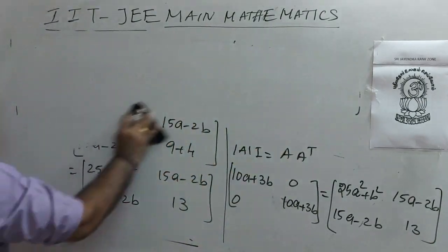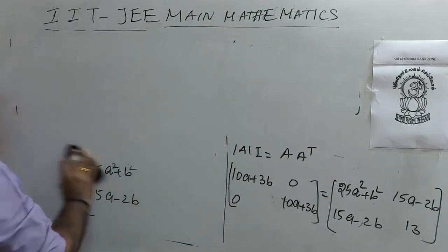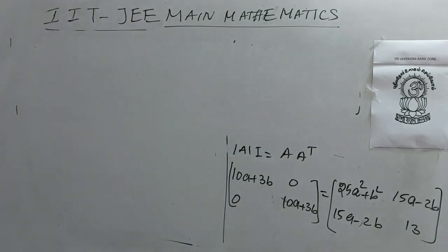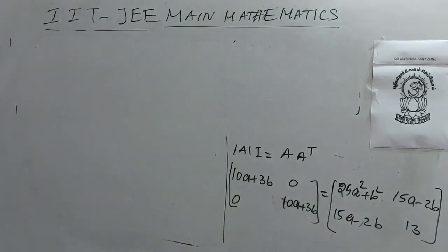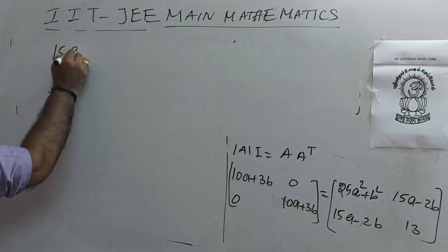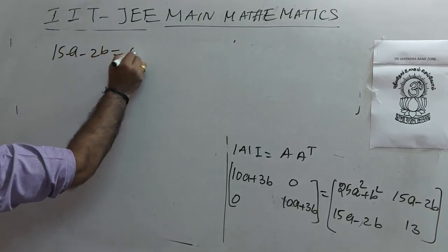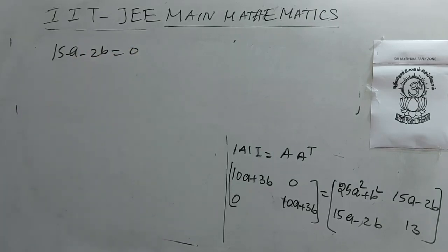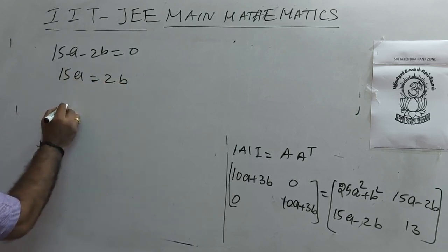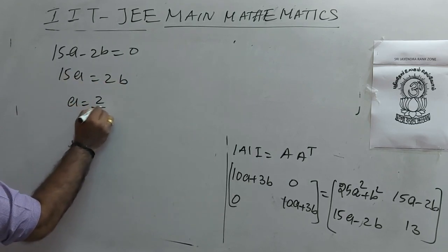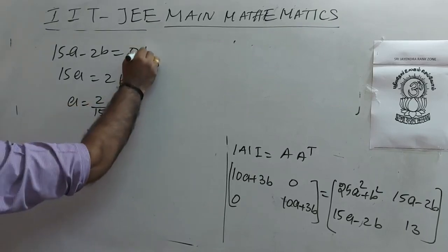Since the two matrices are equal, the corresponding elements are equal. 15a minus 2b equal to 0. So 15a equal to 2b, a equal to 2 by 15 into b.